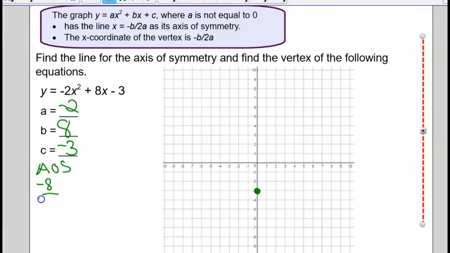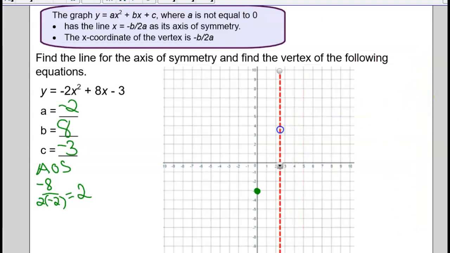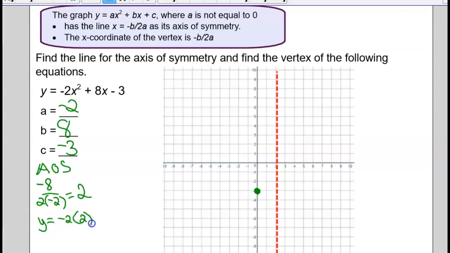-8 over 2 times -2. -8 over -4, that is +2. My axis of symmetry is at x is equal to 2. So right here. And now that I know my vertex is somewhere on x is equal to 2, I can find the y-coordinate of my vertex. y is equal to -2 times 2 squared plus 8 times 2 minus 3.